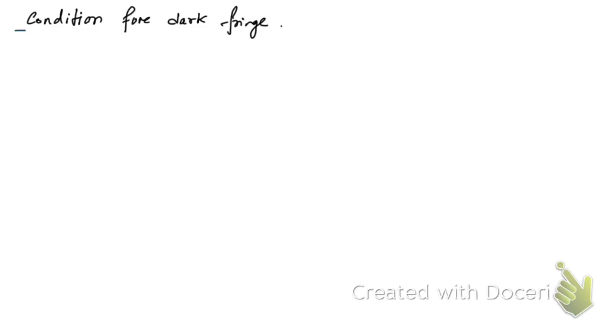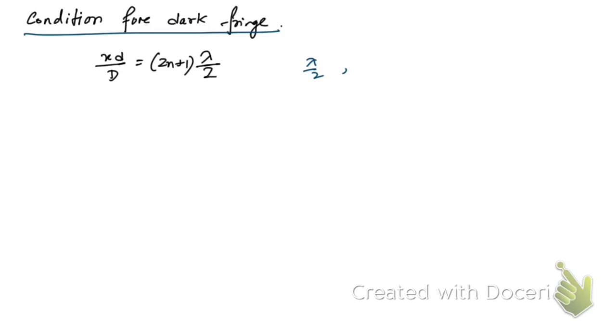So now you see, that's going to be x equals small d by capital D. So it's supposed to be lambda by 2 into (2n plus 1). So that means the positions are something like this: lambda by 2, then 3 lambda by 2.